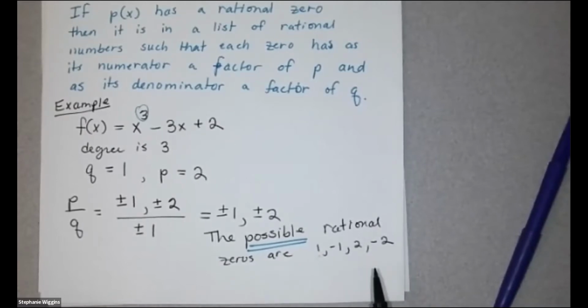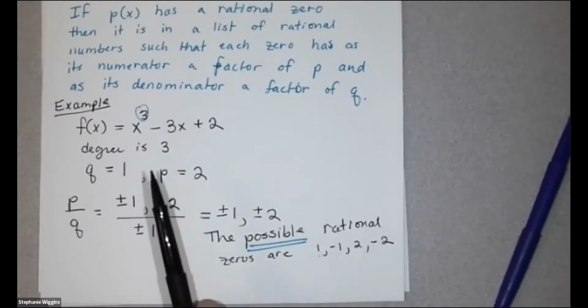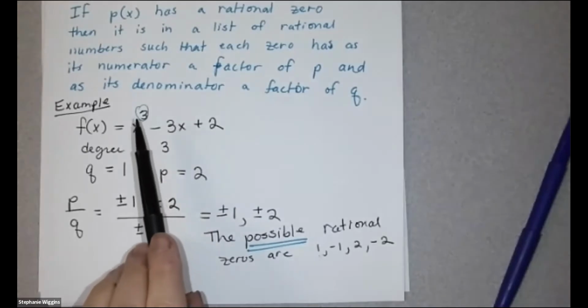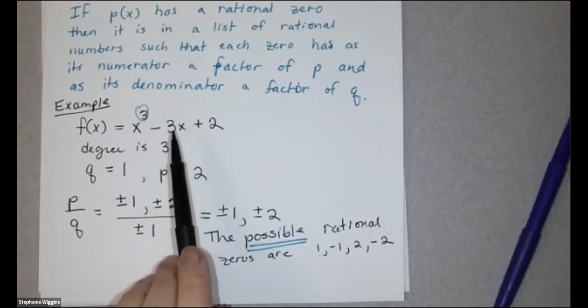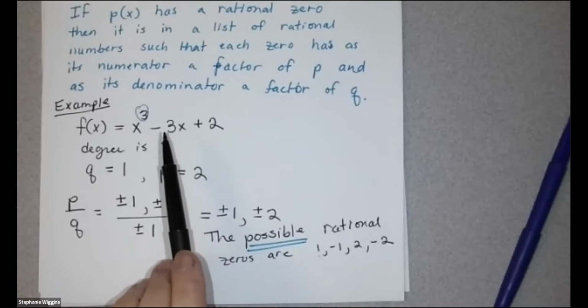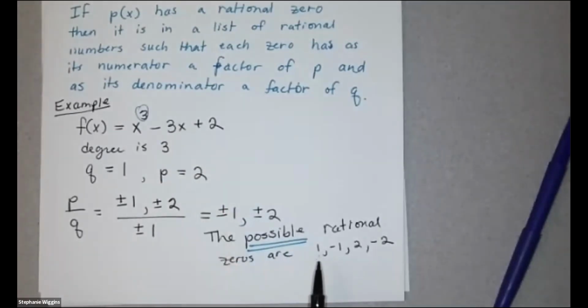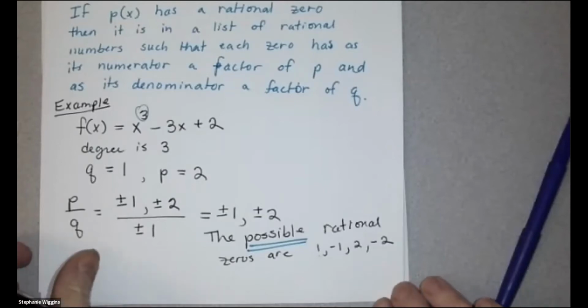Now, to check if it's a zero, you can just plug it into your function and calculate. I plug in 1: 1 cubed is 1, minus 3 times 1, that's negative 2, plus 2 gives me 0. So therefore 1 is a zero. But a very quick way to do this check is to use synthetic division. And for those of you who are zooming in and would like to get credit for attendance, you can go ahead and try those 2 problems using synthetic division, but I'm going to show you how to do it right now.